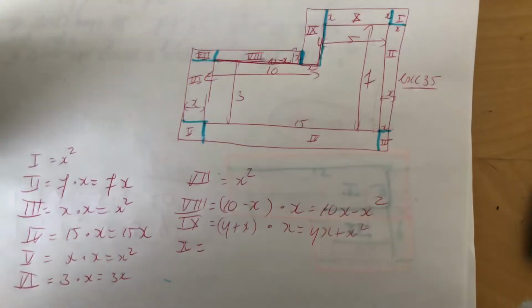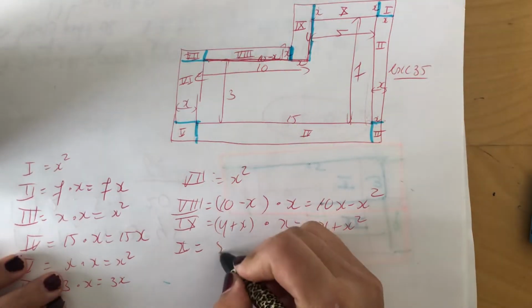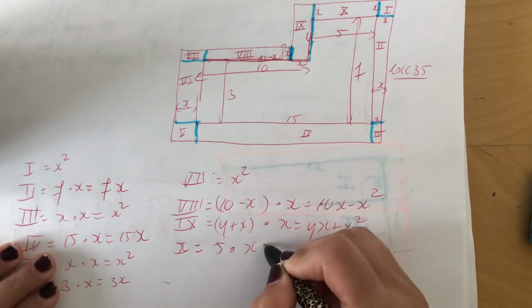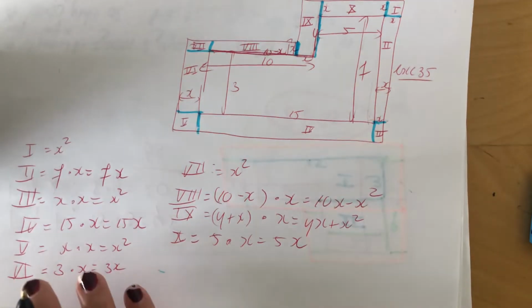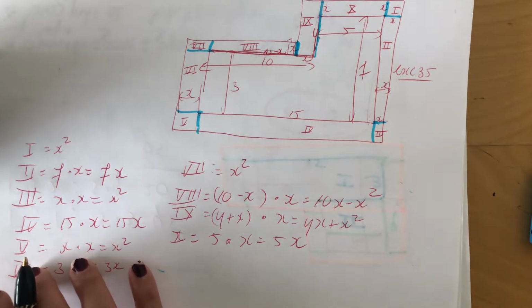Is it dirty? Because I don't understand. 5 plus 5 times x, so you get 5x. We have to put everything together. So let's do that, okay? Which takes a lot of time, but we have to do that sadly.